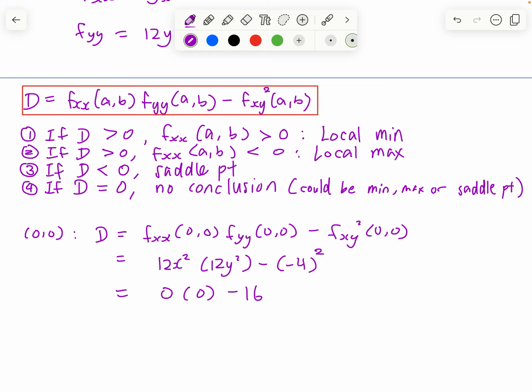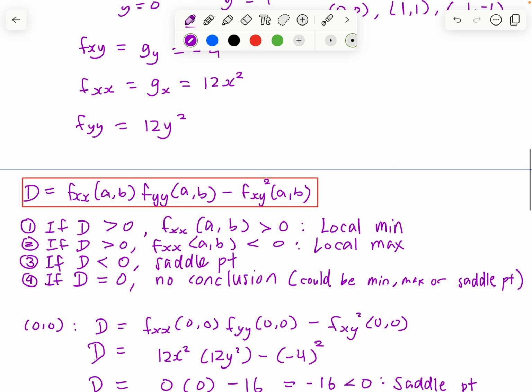This whole thing is equal to -16, and we see that the discriminant is overall a negative value. So because this is less than 0, that means that the point 0, 0 is a saddle point. So that's kind of how it looks.